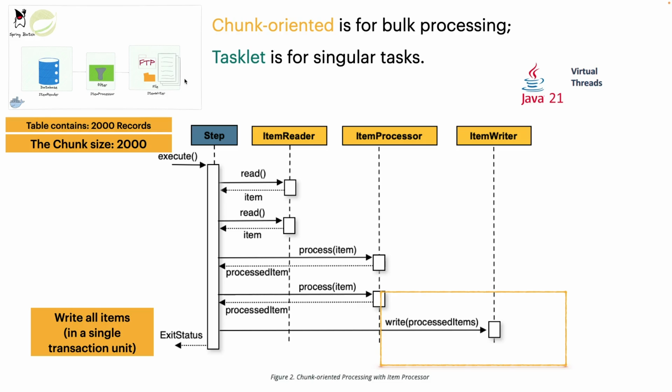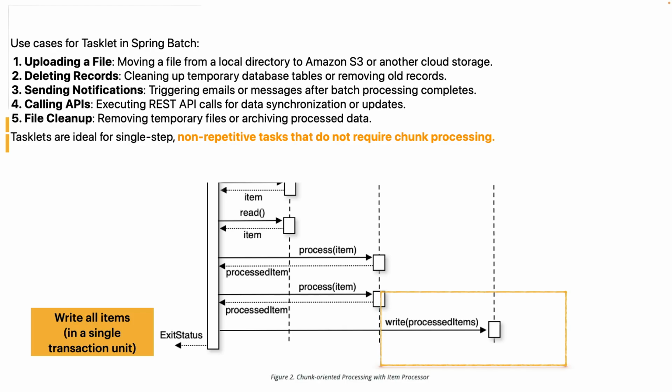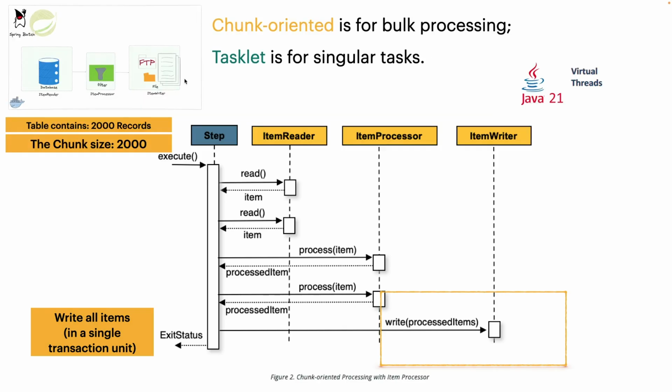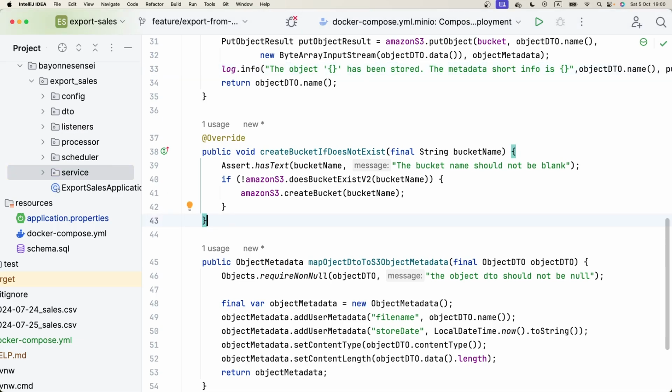Let me go back here to our presentation. Now we are going to use the tasklet in order to upload the file. Uploading the file is a single task and should work in a single transaction. That's why we were thinking about tasklet. It's a single unit of work, for example uploading the file. So let's go back here and create our tasklet.